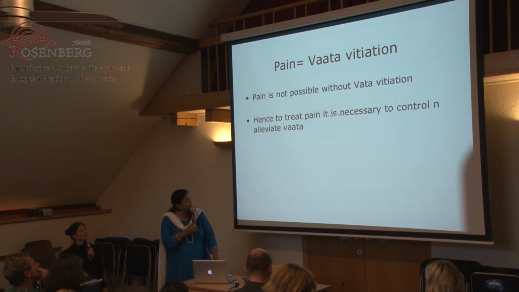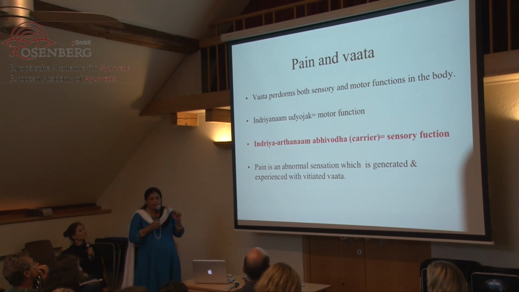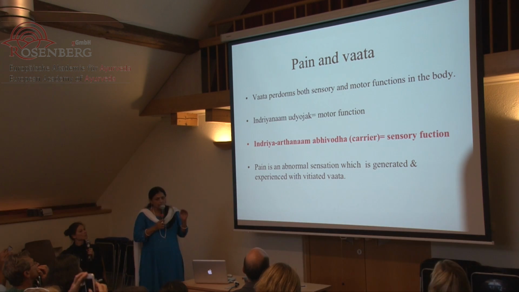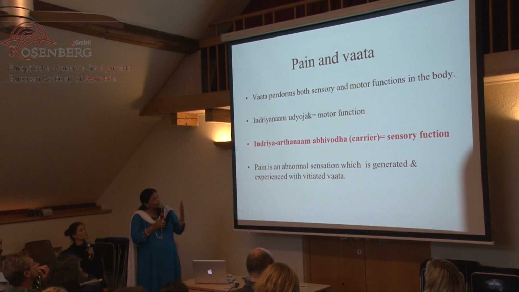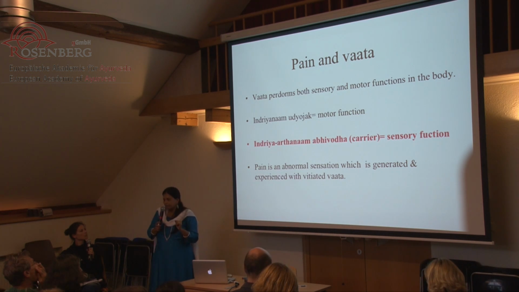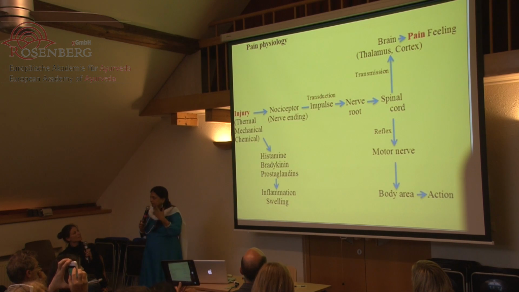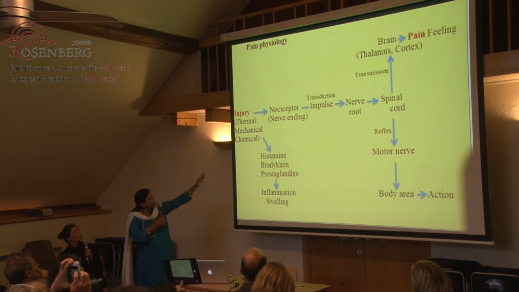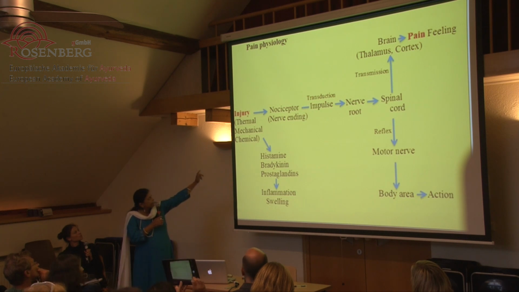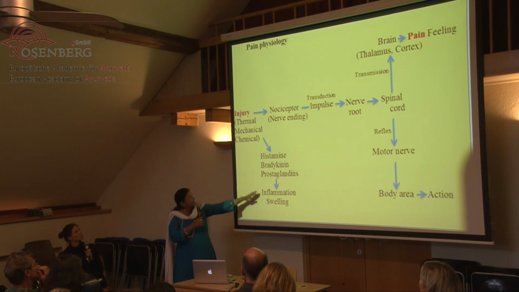But when we say vata, we have to remember why vata: because it controls both sensory and motor functions in the body. If we look at how pain originates, this is true. If there is an injury, mechanical or chemical, one pathway is histamine release.